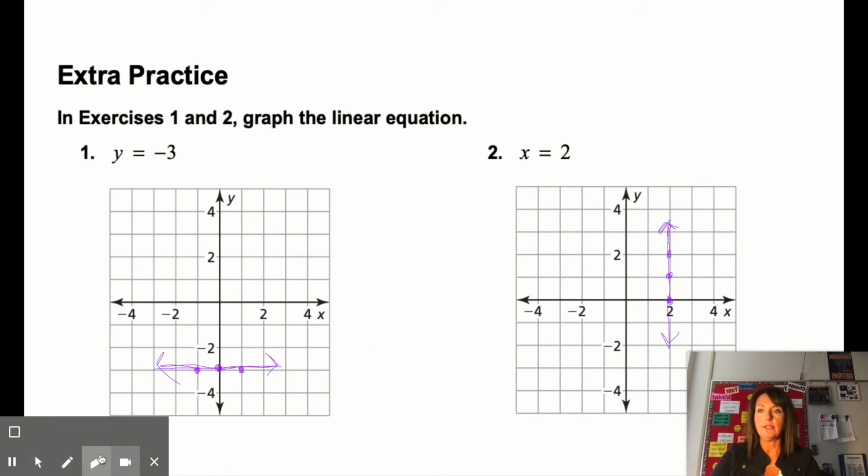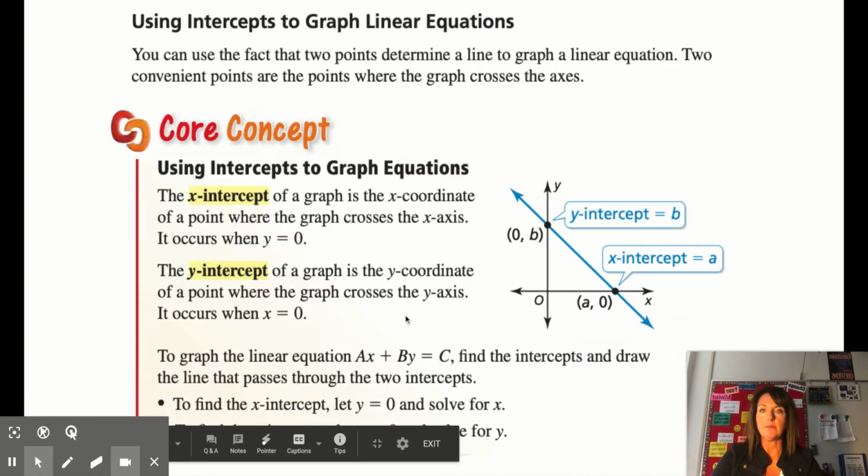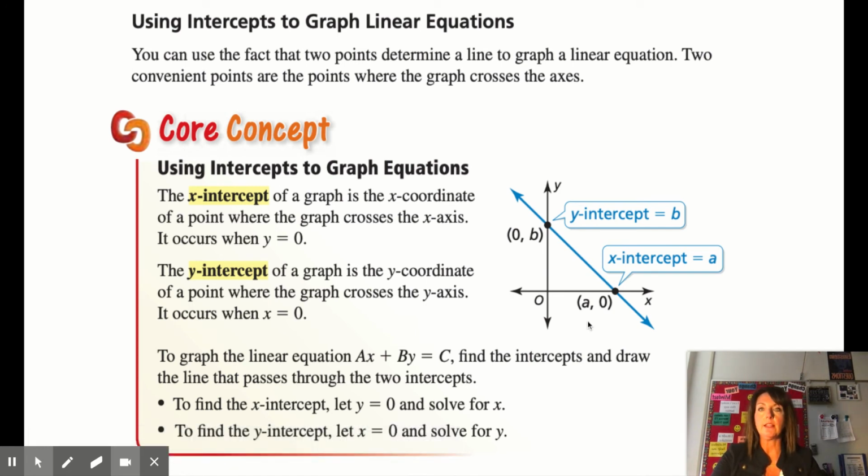Okay, so let's look at a few more things. Using intercepts, you can use the fact that 2 points determine a line, and we can graph the y-intercept and the x-intercept. For the x-intercept, y is equal to 0.